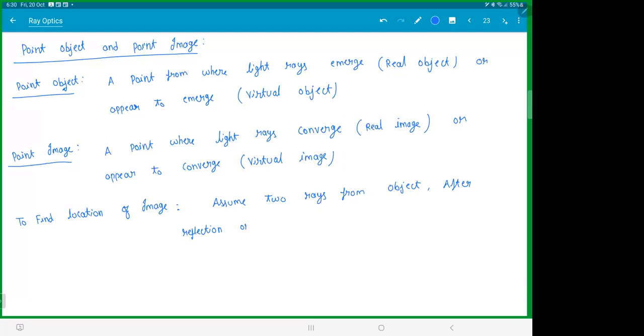After reflection or refraction, the point where they meet or appear to meet is the image. Appear to meet when extended.